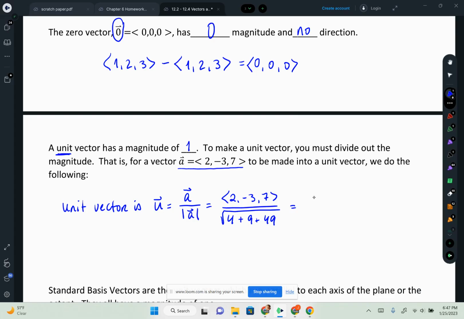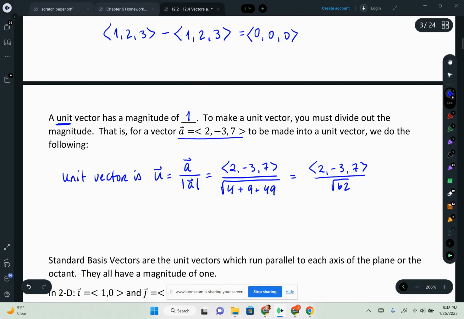So there are a number of ways I can represent this. A lot of you will probably write it this way to begin with. 2, -3, 7 all over the square root of 62. You could also write this as 2 over square root 62, negative 3 over square root 62, and 7 over square root 62.